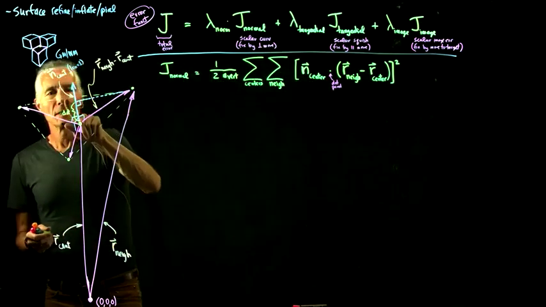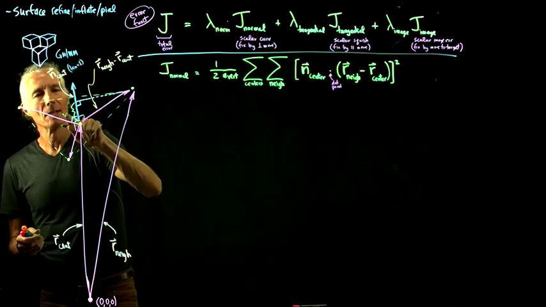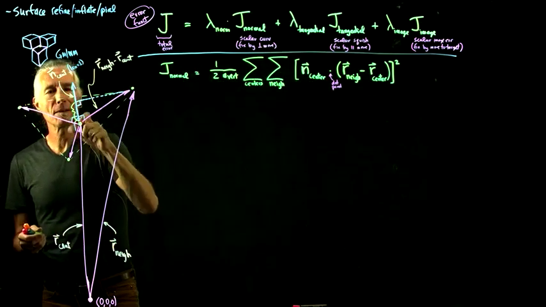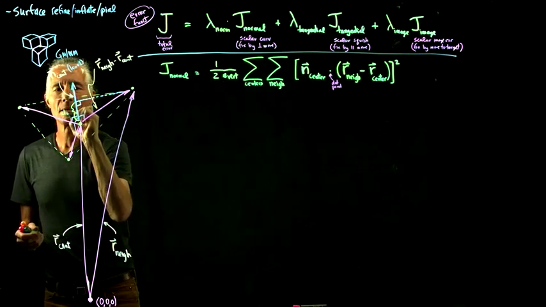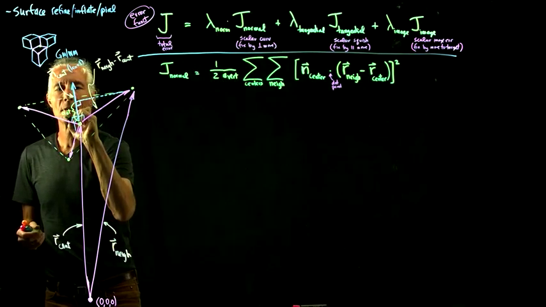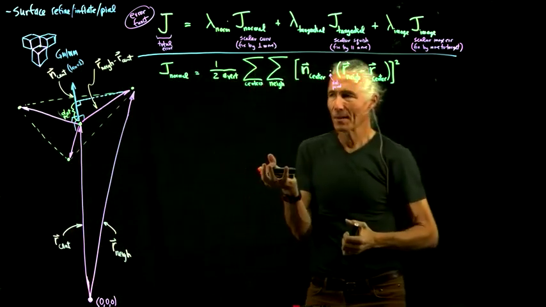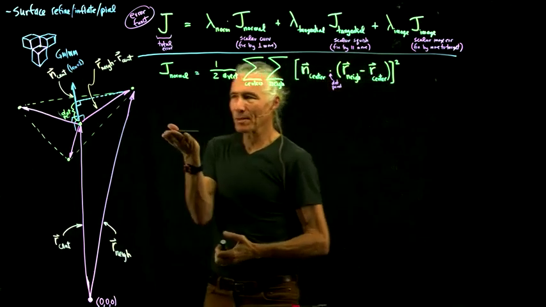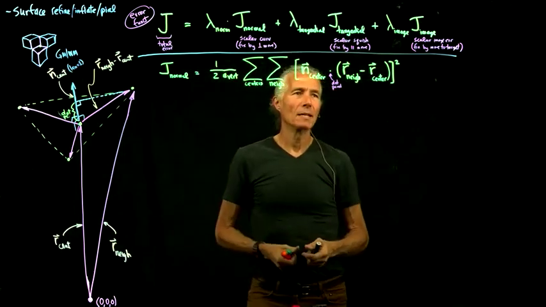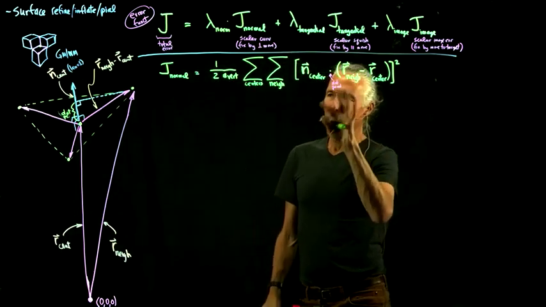So that number, if it's positive, that means we're concave. And if it's negative, that means we're convex. So this dot product could be positive or negative.